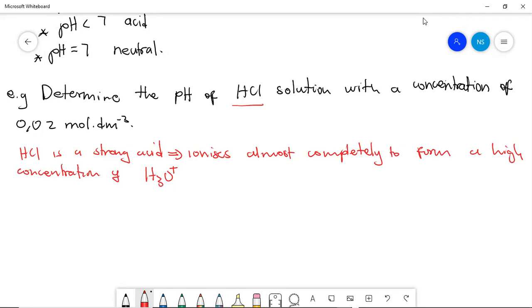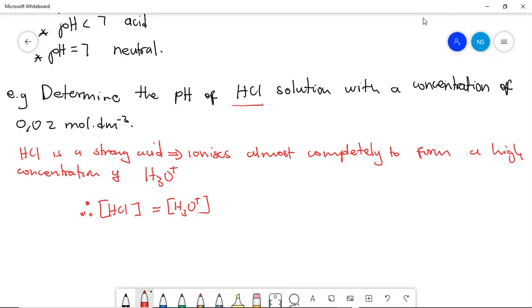Because this statement that a strong acid ionizes almost completely to form a high concentration of hydronium ions makes us conclude that the concentration of HCl is equal to the concentration of hydronium ion, just because hydrochloric acid ionizes completely to form these ions. We get this from this equation.